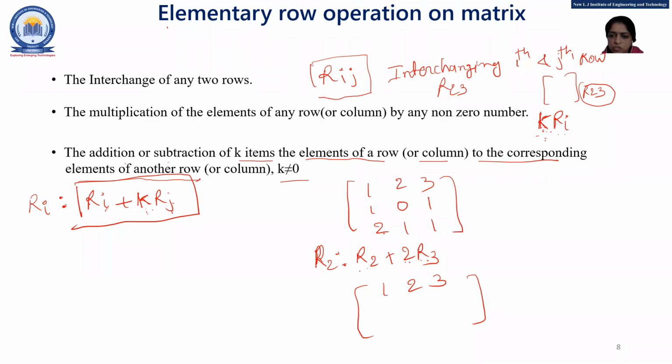The third row is 2, 1, 1. If I multiply by 2, 2 twos are 4, and I add it to the second row's 1, so 4 plus 1 is 5. Then 2 ones are 2 plus 0, so 2. Again, 2 ones are 2 plus 1, so 3. And R3 stays the same, 2, 1, 1.